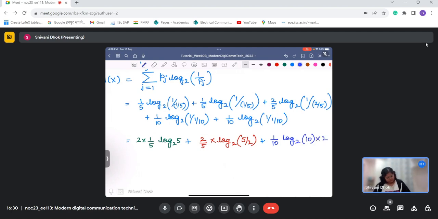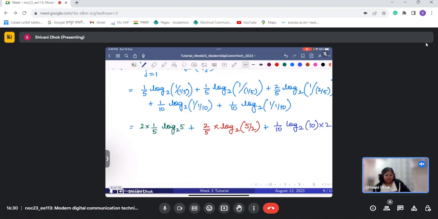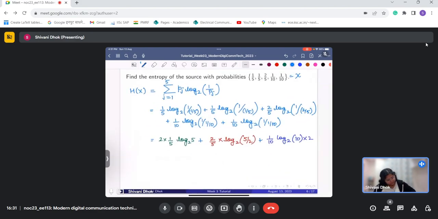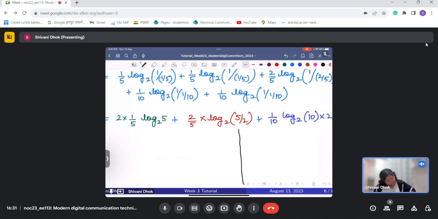Now you'll have to use your scientific calculator for this. If you use your calculator, we have log 5 to the base 2 as 2.32, log 5 by 2 to the base 2 as 1.32, and log 10 to the base 2 as 3.32.